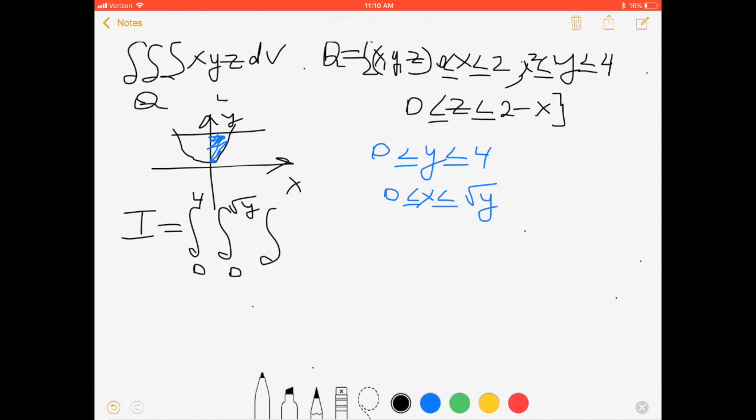For z we keep 0 to 2 minus x. It will be xyz, with dz, dx, and dy.